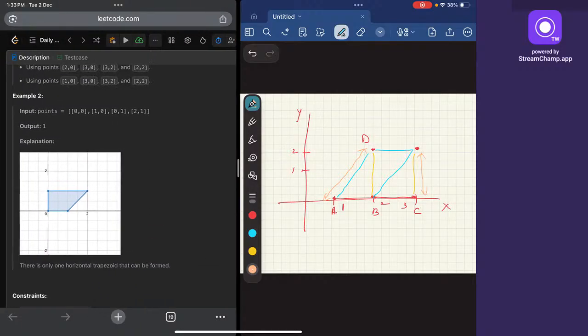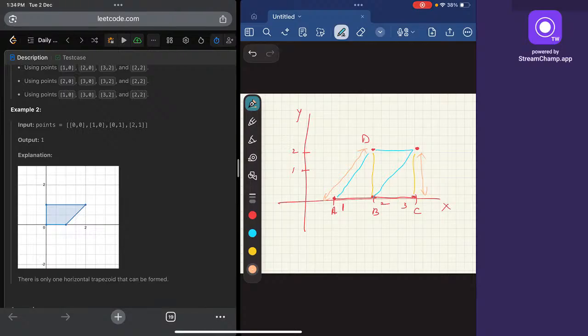When we have four points, we need to make sure that one side is parallel to x. How am I going to do it? I'll fix this: these three values have the same y, these two also have the same y, so they should be parallel, y1 and y2.